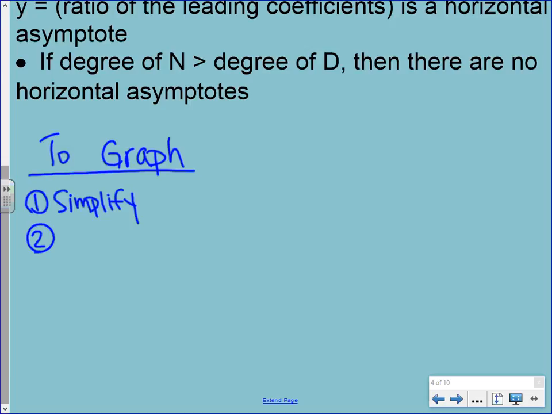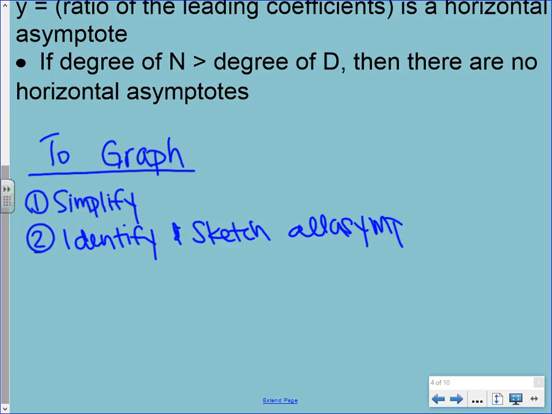From there, you are going to identify and sketch all of your asymptotes. You're going to identify your vertical asymptote, sketch them in. You're going to identify your horizontal asymptote, sketch it in. Okay.